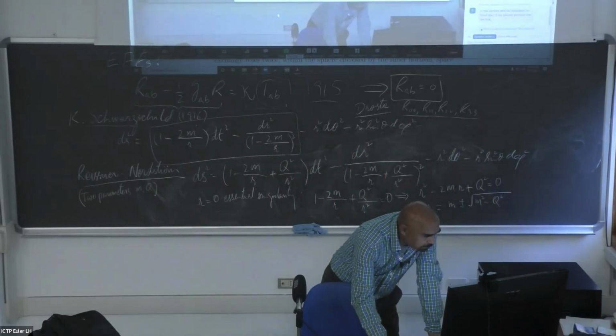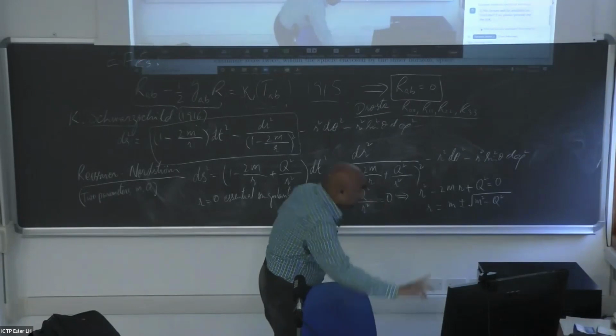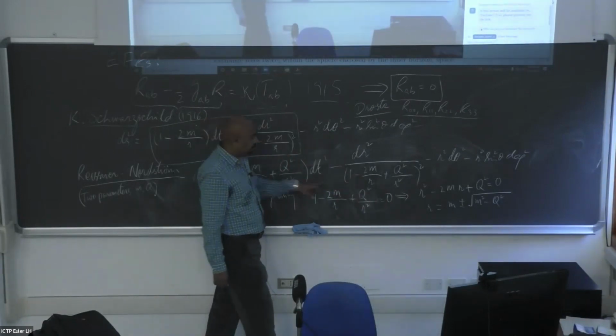Let me see, then I need to correct it. Yes, this should be plus over here, because I know the event horizon equation is correct. So there's a typo I will correct in the notes. This should be plus over here and plus over here.